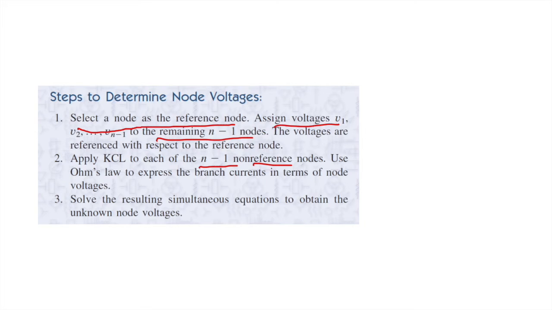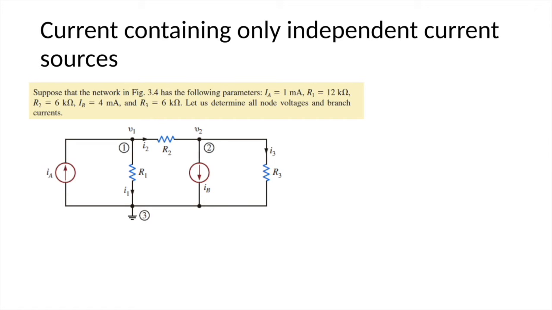Let's take a look at an example. This example is from our textbook. We have node 3 as the reference node, and we have node 1 and node 2. We need to write 2 KCL equations because, except for the reference node, we have two other nodes.